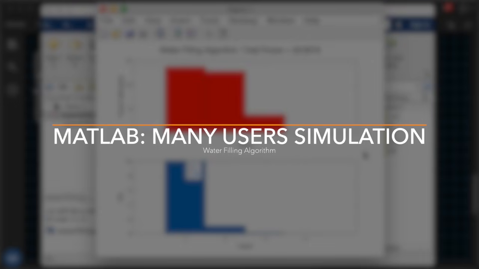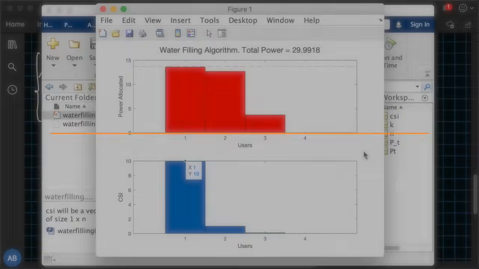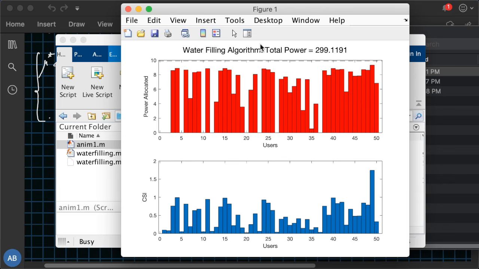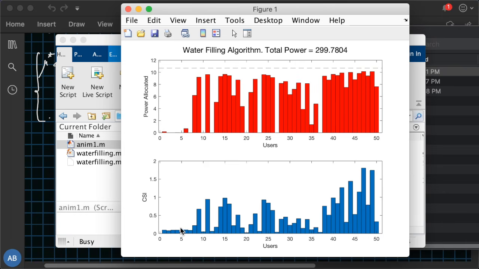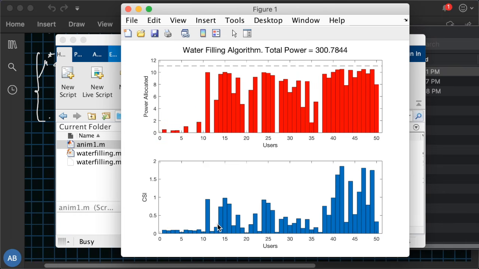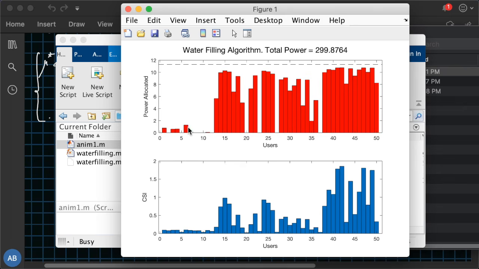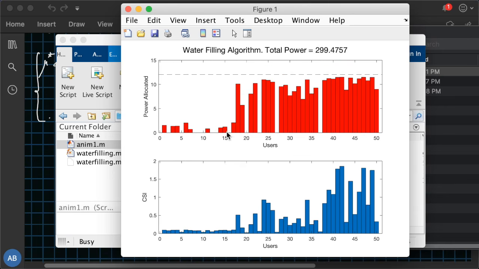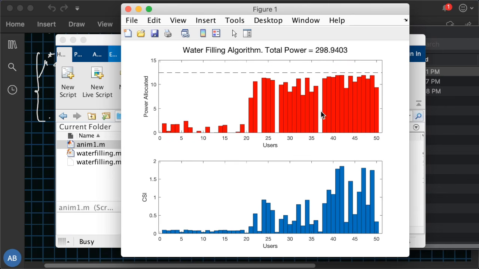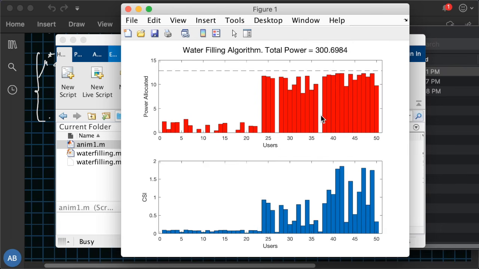Now, to see this better, I'm going to run the method over multiple scenarios. So as we see right here, we've got a total power of 350 users. You see some channels fading away, right? And the corresponding power to be allocated to those channels decrease, right? Whereas more power is being allocated towards better channels.